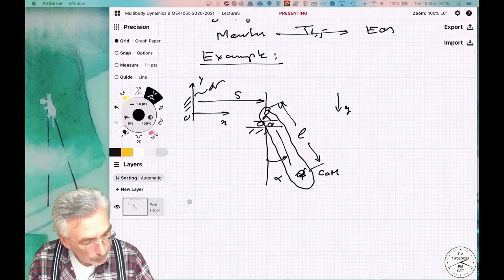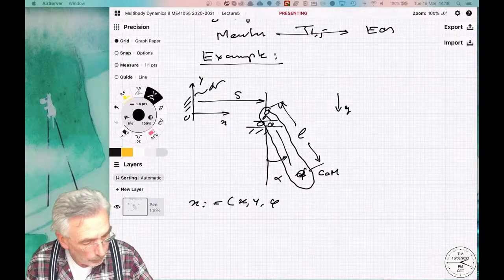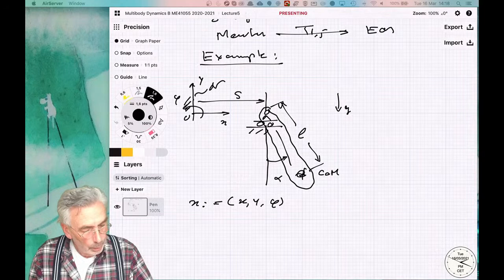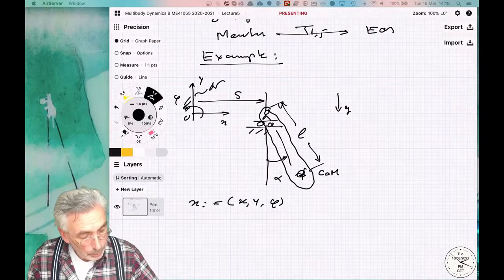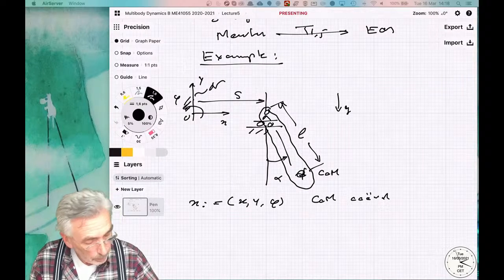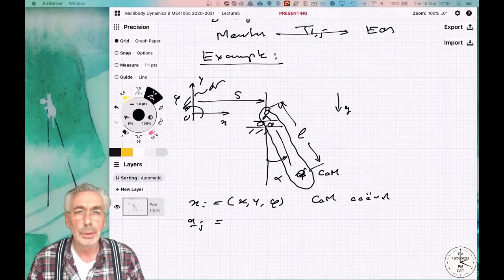Then the coordinates, the xi for the COM are in this case an x, a y, and a phi. I should define what is phi, right? So these are the COM coordinates, and then the generalized coordinates qj. Now, how many degrees of freedom do we have? The counting is actually super simple.